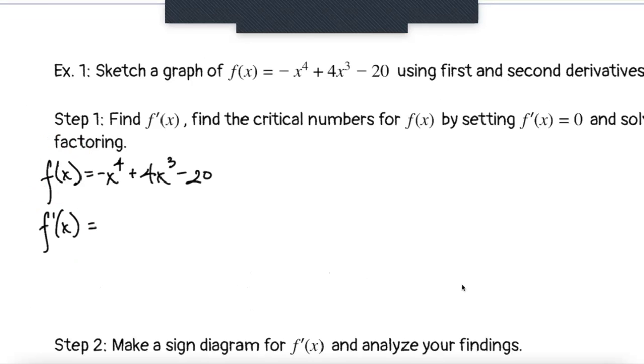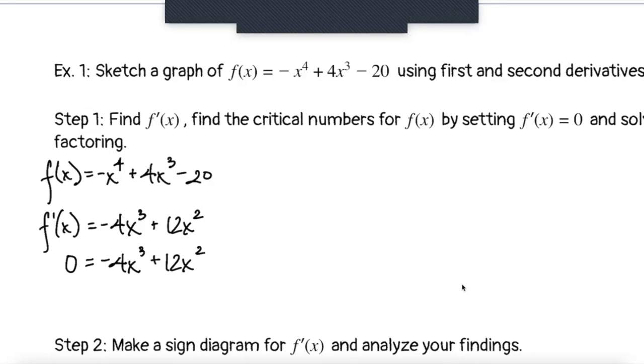And with our power rule, we should see we have negative 4x cubed plus 12x squared and a 0, so I don't need to write that because the derivative of negative 20 is 0. And I'm finding the derivative and I want to set it equal to 0. And then I'm going to solve for x.